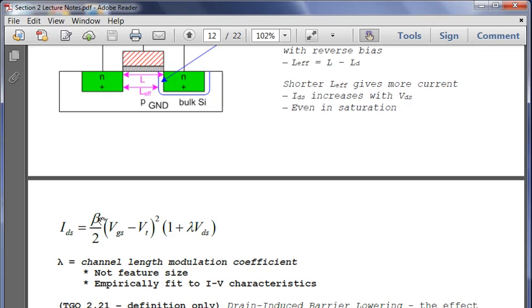So remember, beta is going to be COX W over L. So that's the oxide capacitance per unit area times the width over length, over 2, times VGS minus VT squared, times 1 plus the channel length modulation coefficient times the drain source voltage. So here we're talking about it's not a feature size, and usually you figure out what it is based on what you're expecting from your IV characteristics as opposed to what actually ends up happening.